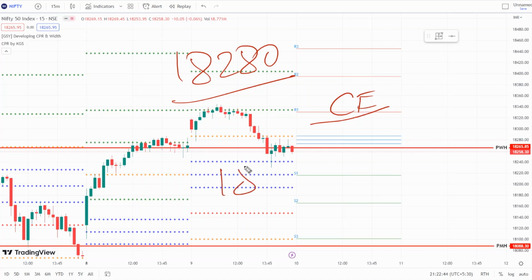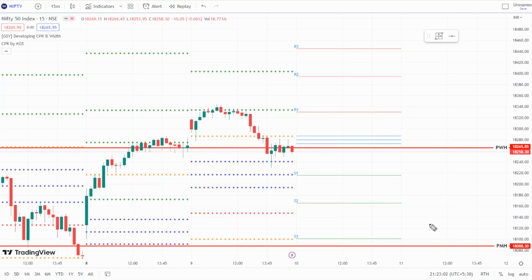And if the index Nifty is sustaining below 18,250, then you need to check out opportunities for put options or short selling in Nifty. In tomorrow's trading session, you have the targets, you know what the important levels are, and hence you can come out with a very good trade tomorrow. Now let's check out what the weekly and the monthly pivots in Nifty are for tomorrow.